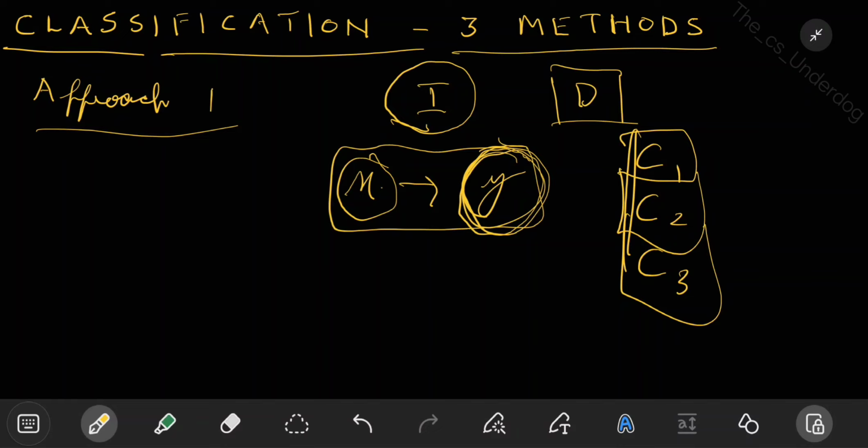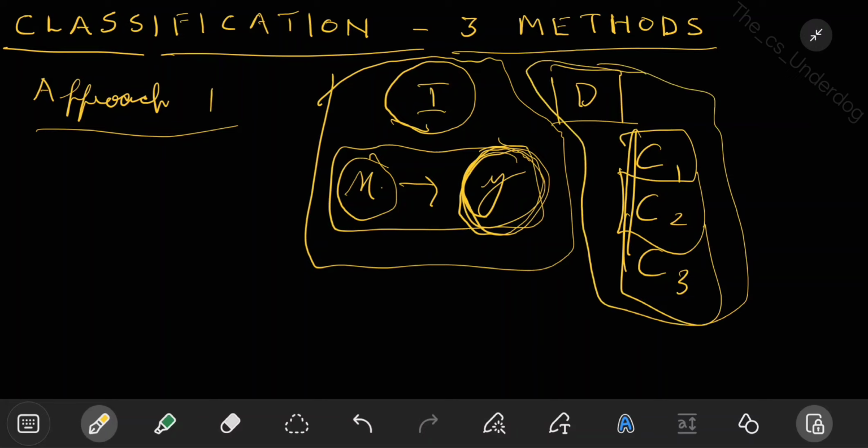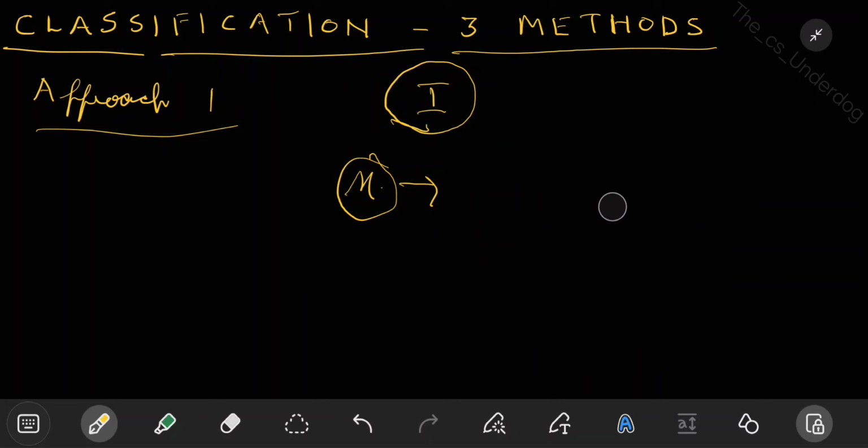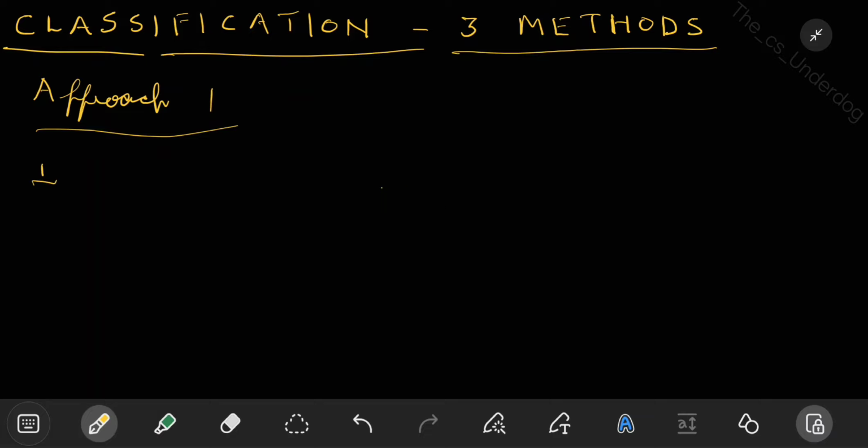Okay, so we'll see what you should do in the inference stage in each of the approaches, and then what you should do in the decision stage in each of the approaches. So our first approach. In the first approach, what is your inference problem? Your inference problem is determining the class conditional densities. What is class conditional density? If your input is X, then your class conditional density is probability of X given Ck.